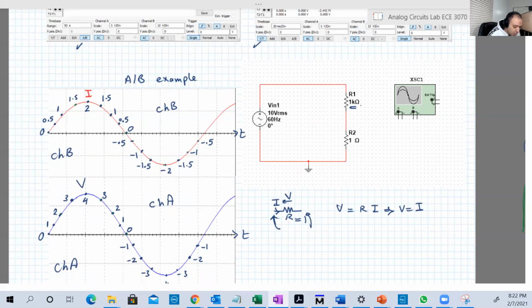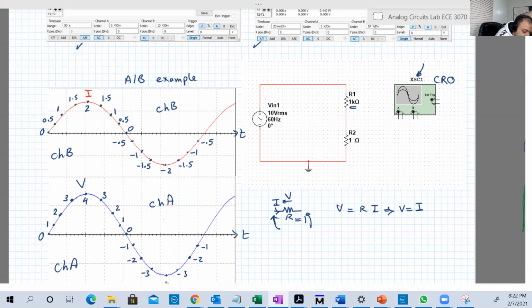Okay. So basically, here is the oscilloscope. Here is the CRO. It has some weird name in Multisim. I'm not sure why. But this is basically the oscilloscope in Multisim. It has two channels, A and B. So we want to verify Ohm's law across the resistor R1, the 1 kilo ohm.